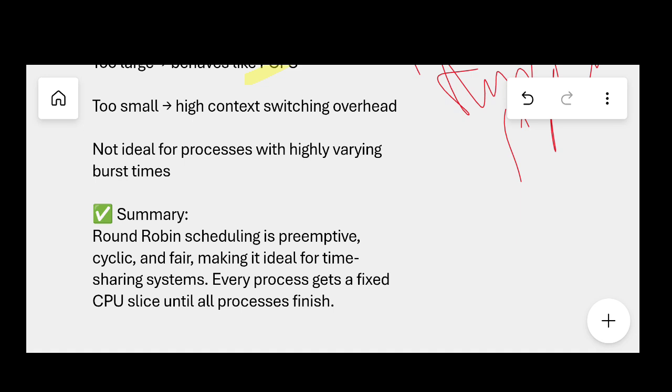Then ready queue: the processes are stored in a queue in FIFO order. Then fairness: every process gets CPU time repeatedly until it finishes. If we choose the time quantum wisely, round robin works very efficiently.